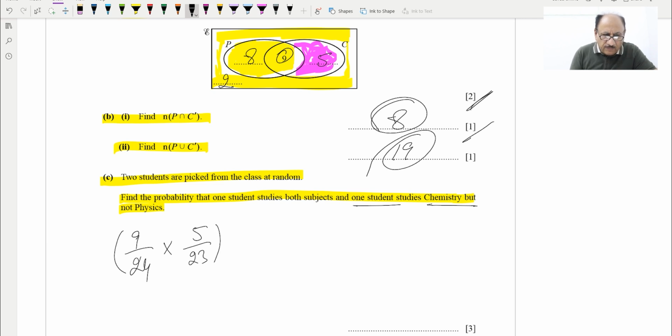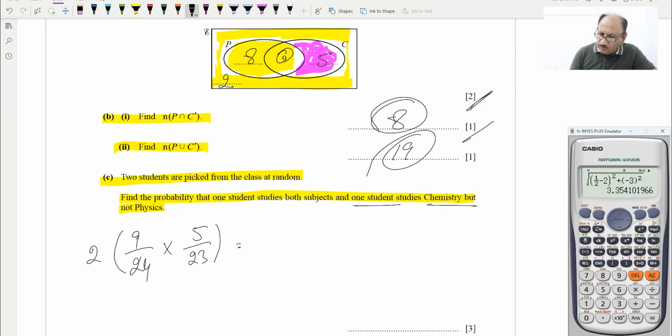We have 2 options for that, so this will be multiplied by 2. I will explain why after this calculation. 2 into 9 over 24 into 5 over 23 is equal to 15 over 92.